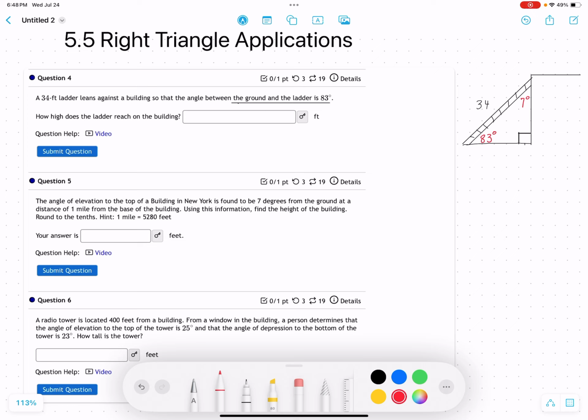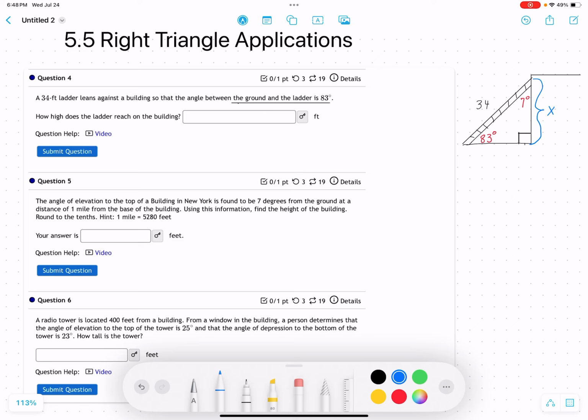The angles of a triangle have to all add up to 180 degrees. And then the question is, how high does the ladder reach the building? That would be this. I'm going to call it x.